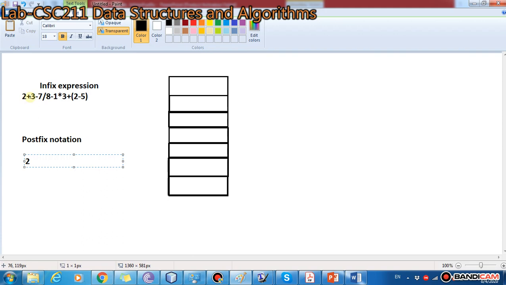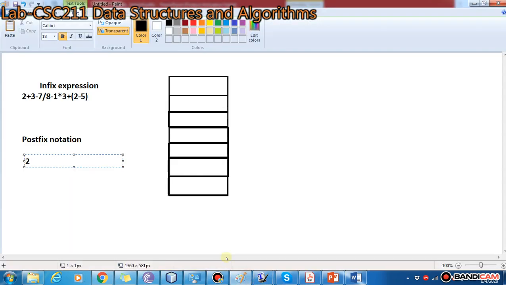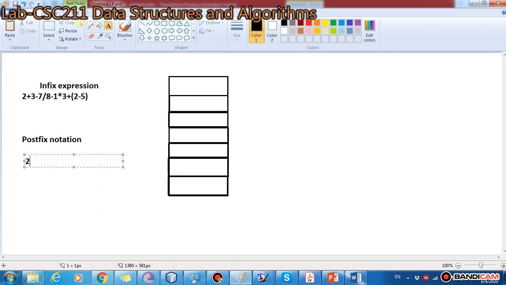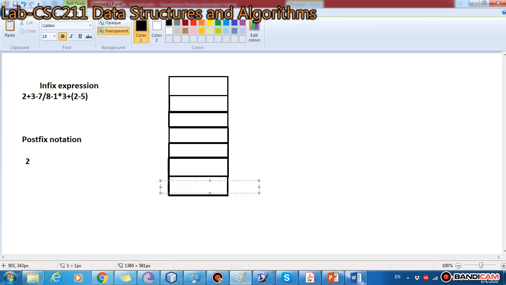Now, this rule says that if the stack is empty or contains a left parenthesis on top, let's for a while ignore the left parenthesis thing. If the stack is empty, push the incoming operator onto the stack. Since the stack is empty, we got a plus, and we just add this plus here.